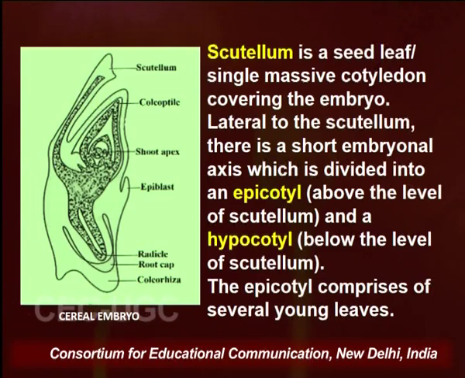Scutellum is what? Scutellum is a seed leaf. It is a massive cotyledon which covers the embryo, and lateral to this scutellum, that is on one side, there is a short embryonal axis which is divided again into epicotyl and hypocotyl. Epicotyl is above the level of scutellum and hypocotyl is below the level of scutellum. The epicotyl comprises several young leaves, and these are covered by the coleoptile.